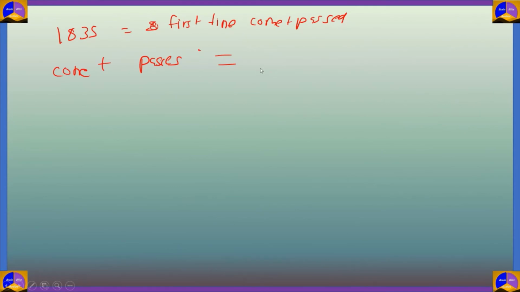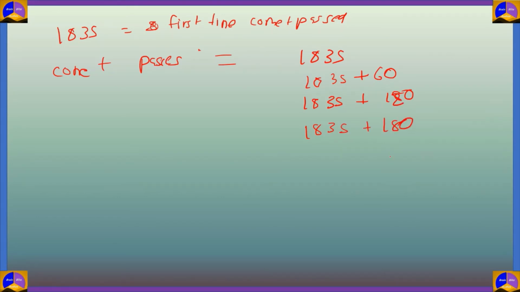So first it will pass in 1835, then in 1835 plus 60 years, then 1835 plus 120, then 1835 plus 180, and so on. So 1835 can also be written as 1835 plus 0 years. Now the numbers over here, 0, 60, 120 and 180 are all multiples of 60.